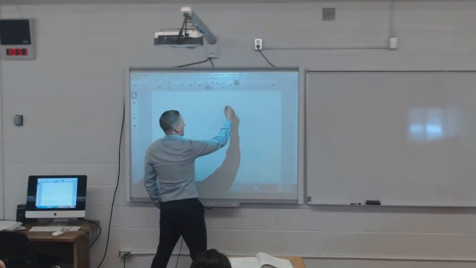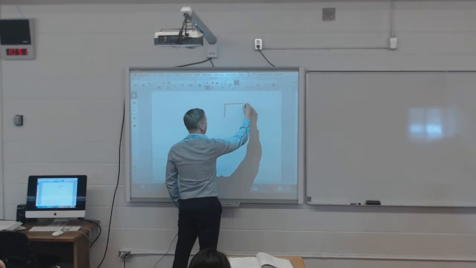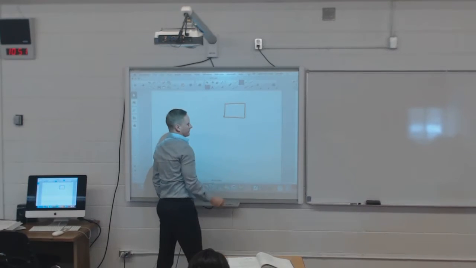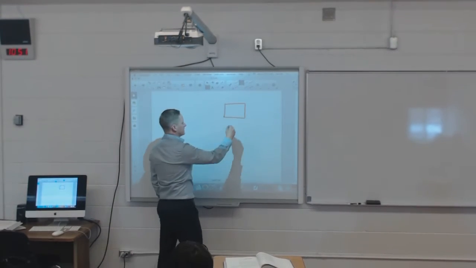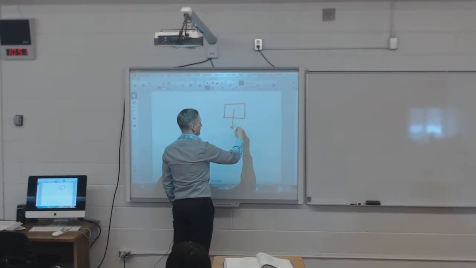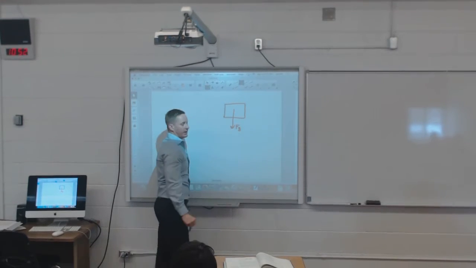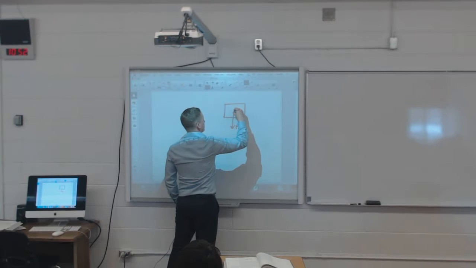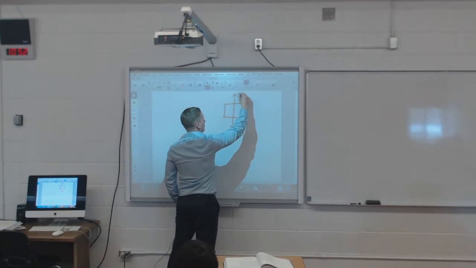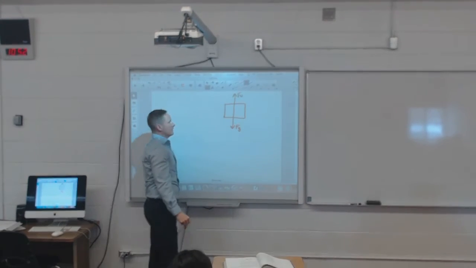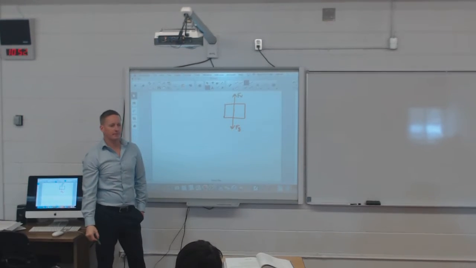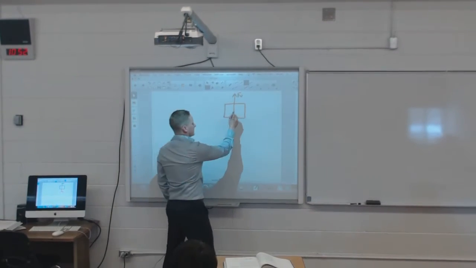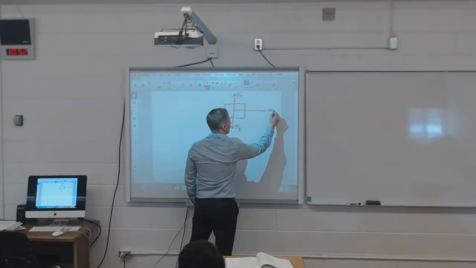So let's draw out our diagram here. First thing, what's acting on it? Do it the same every time. Force of gravity. What's acting against force of gravity? Normal force. Here's where it gets a little tricky. The direction of motion will be horizontal, so that means that way.